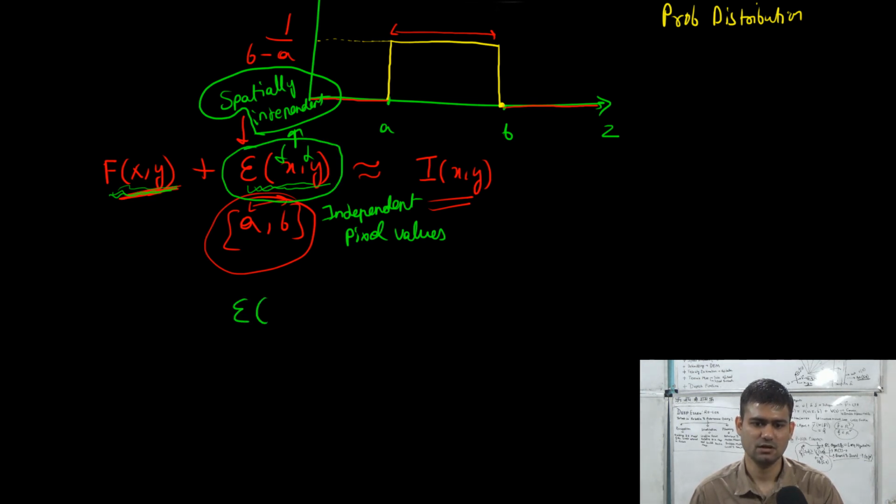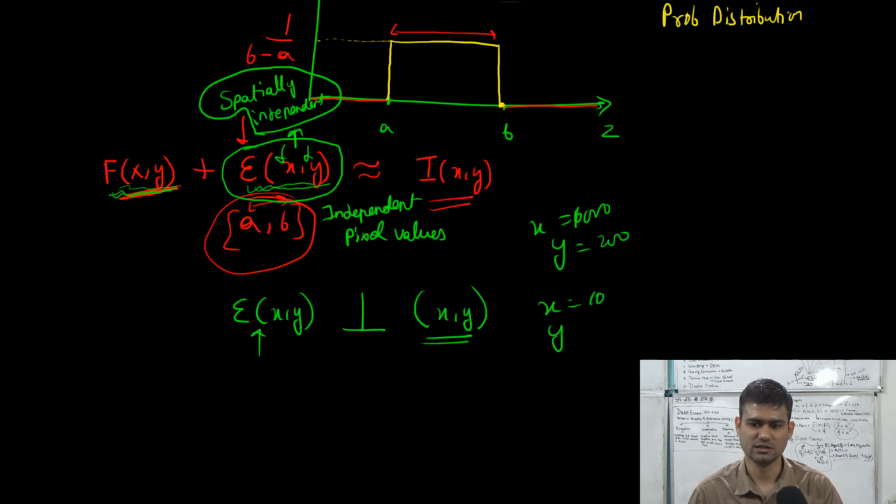So epsilon x comma y, we are using it to denote the value of the noise at location x comma y. It is independent of the location x comma y in an image. For example, whether x is 100 and y is 200, or x is 10 and y is 10, the uniform noise doesn't depend on it.